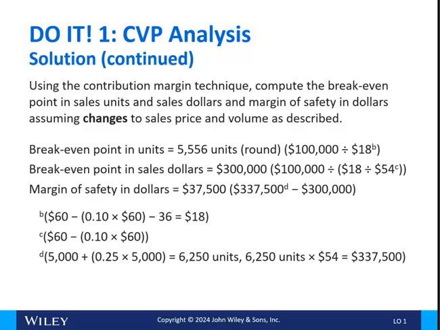So $37,500 is our safety margin. So you can see how the changes happen between break-even in units and dollars and our margin of safety when we implement different changes. So we can compare the two and say, is it worth that risk, or does it give us what we were expecting to achieve?